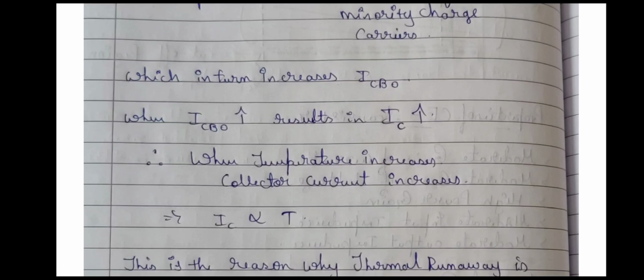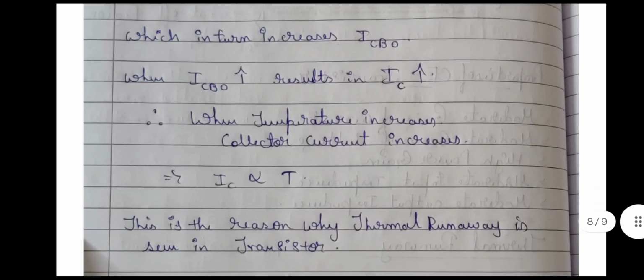If the potential difference is present and the current flow is high, the current at the collector region will also be high. So ICBO results in an increase of the collector current. Therefore, as the temperature increases, the collector current also increases. This is the reason why thermal runaway is seen in the transistor.